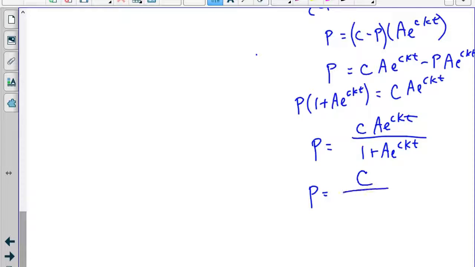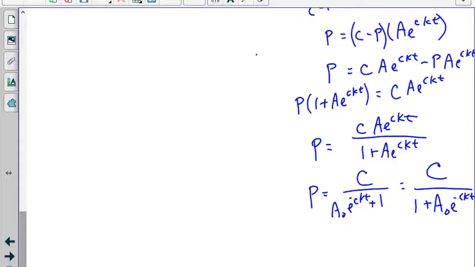And so I end up with the carrying capacity over 1 plus some different constant times e to the negative CKT, and that's basically the equation that we get from that.